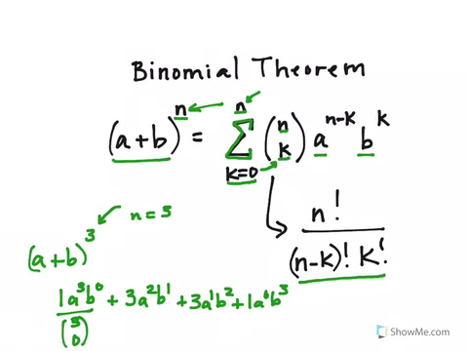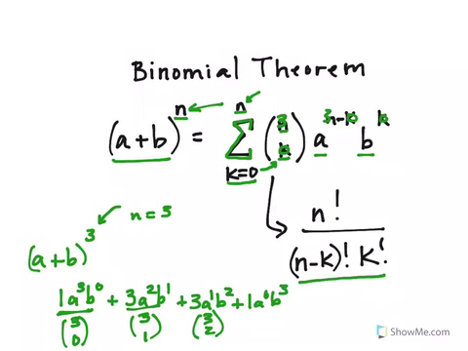I'm going to plug in 3 here and 0 here, and it's going to give me this first term. And then I will do the same for each subsequent term: 3 choose 1, 3 choose 2, and so forth.